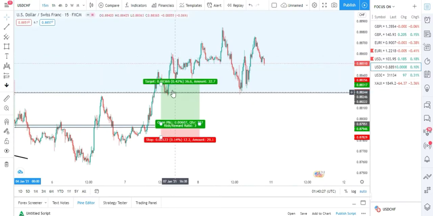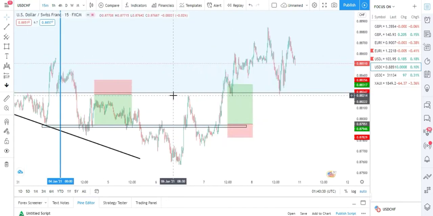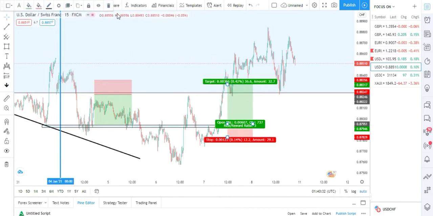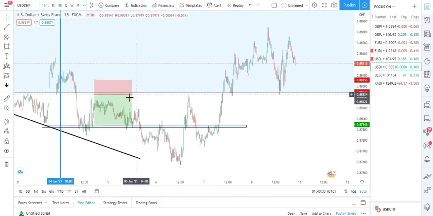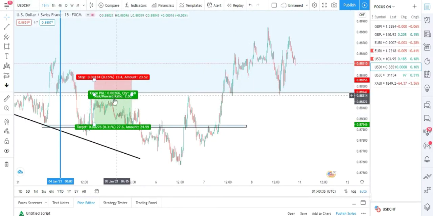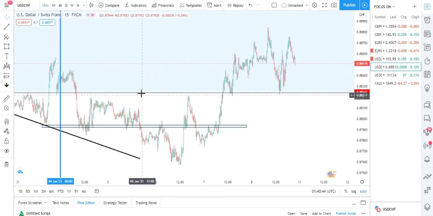I could have also entered here. So yeah, guys, those are the possibilities and opportunities that we missed. This one gave us great profits, which is great. I didn't take it though. I hope the ones that took it will let me know how it went.